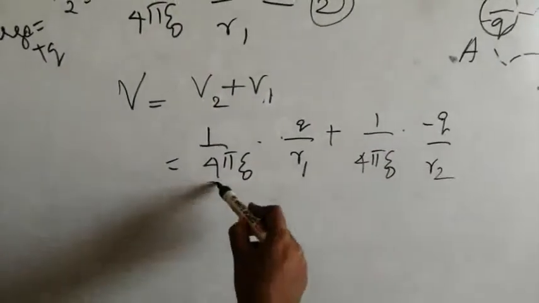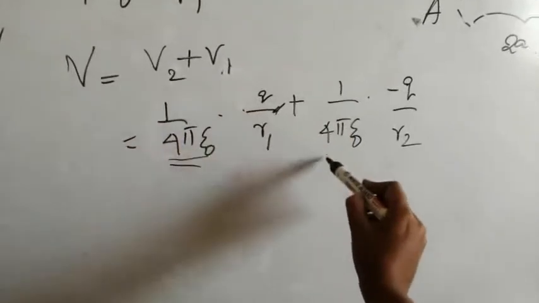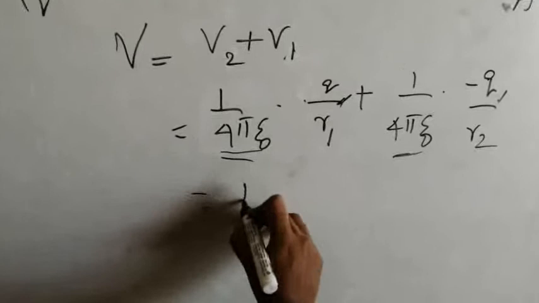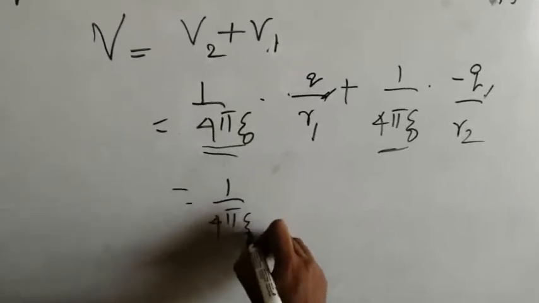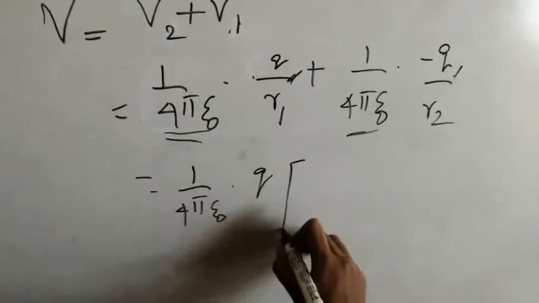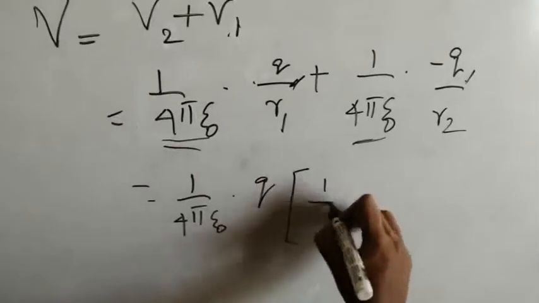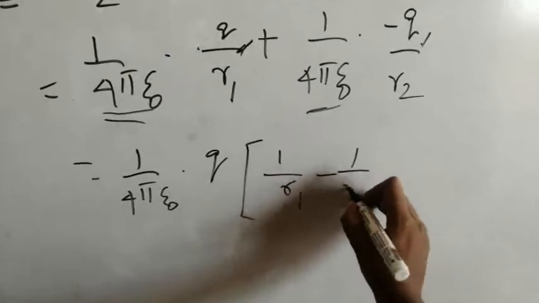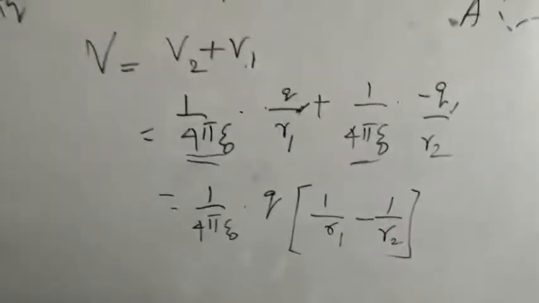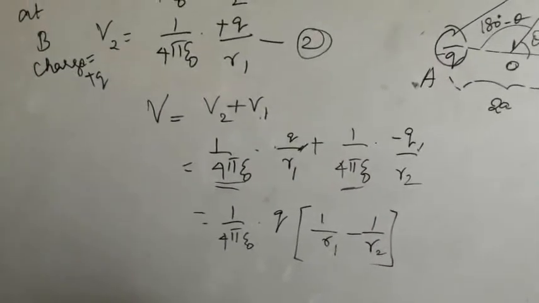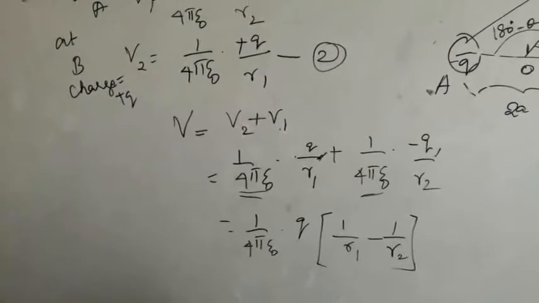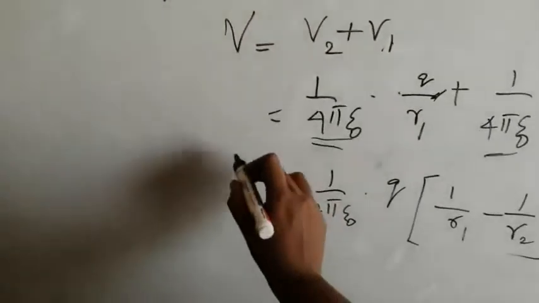In this, 1 by 4 pi epsilon naught and Q are common. Just take them outside and write it as 1 by 4 pi epsilon naught into Q, whole bracket of 1 by R1, minus 1 by R2. So this is my potential.